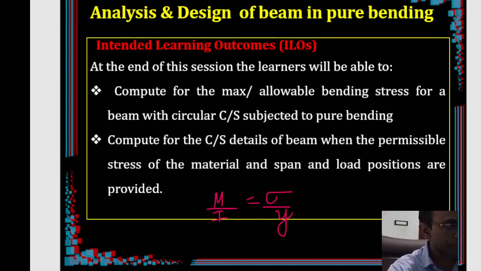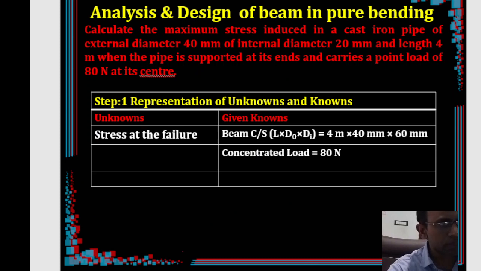So let's see. Let's take a numerical example where we can illustrate these two points. The first one, you have been given a case here. A cast iron pipe of external diameter 40 mm and internal diameter was provided. That means it is a hollow cast iron pipe. Remember that.